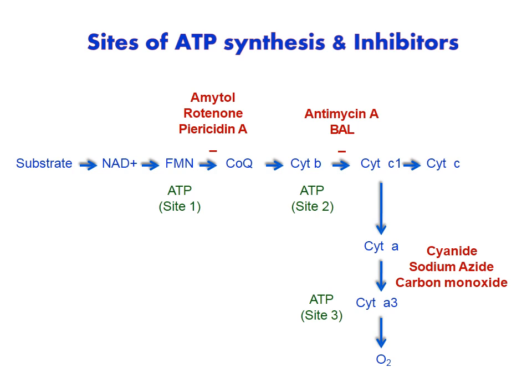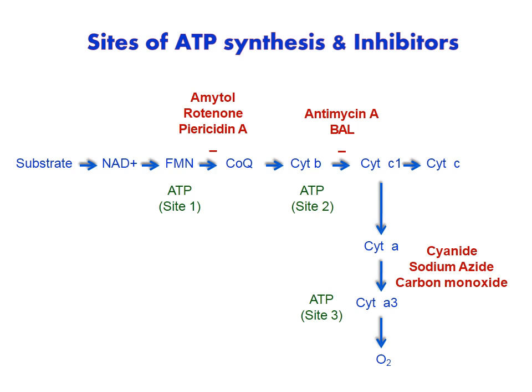Okay, so if substances like amytal, rotenone, piericidin A are present, then they will inhibit at site 1 or complex 1.